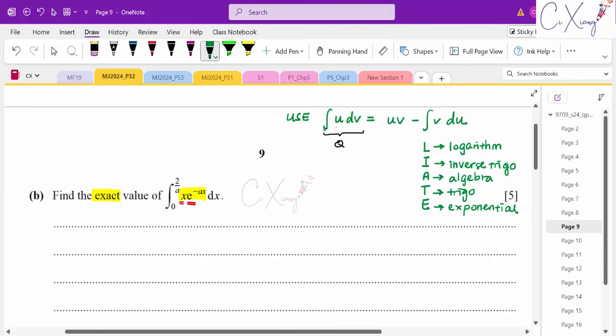The higher group will be the u and the lower group will be the integration of dv.